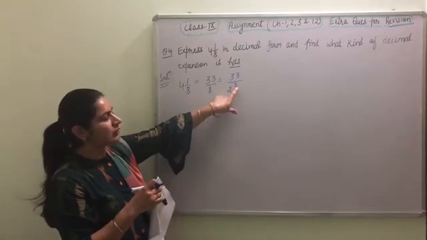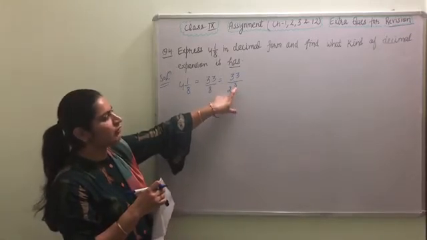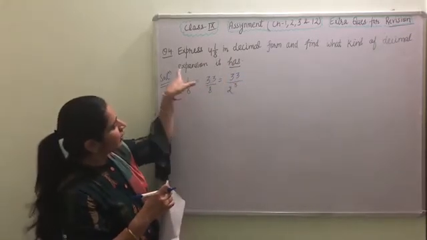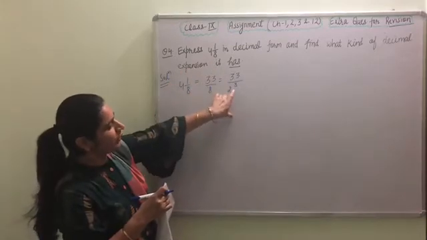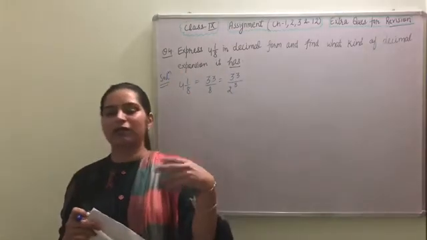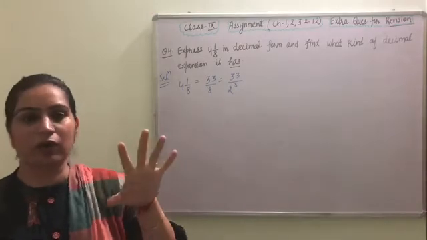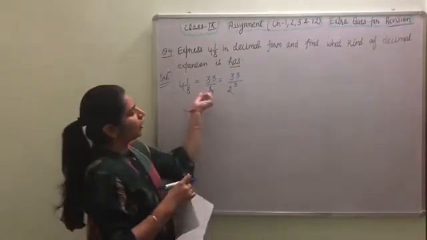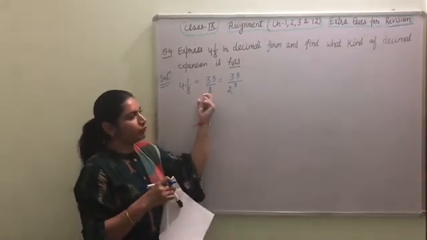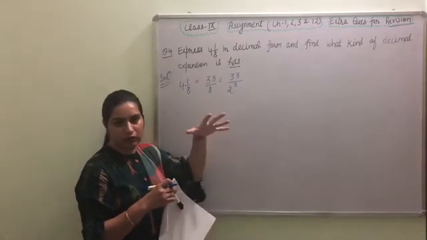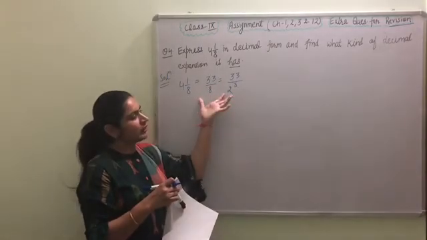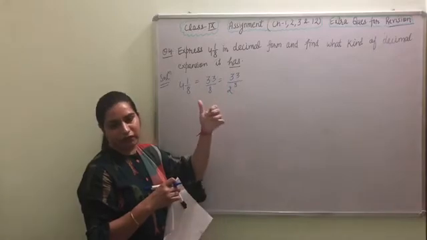So this kind of decimal expansion will terminate after 3 digits. What do we mean by terminating and non-terminating? If in the denominator we have some multiple of 2 or 5 or both, then such a decimal expansion will definitely terminate.